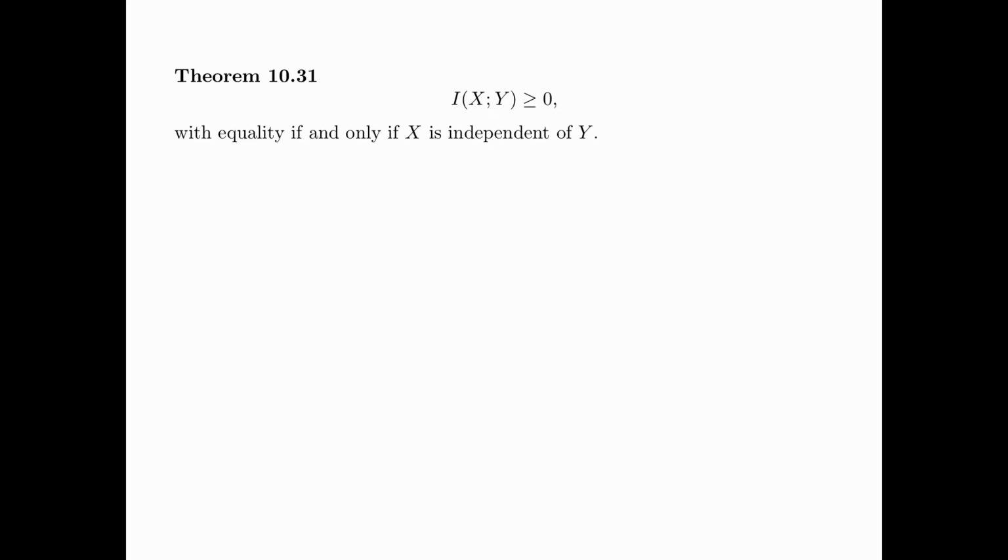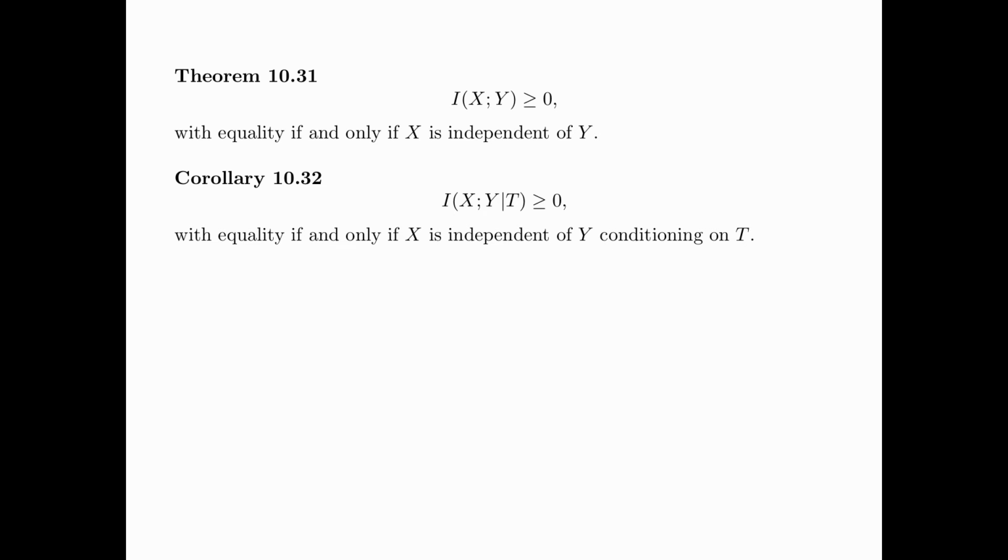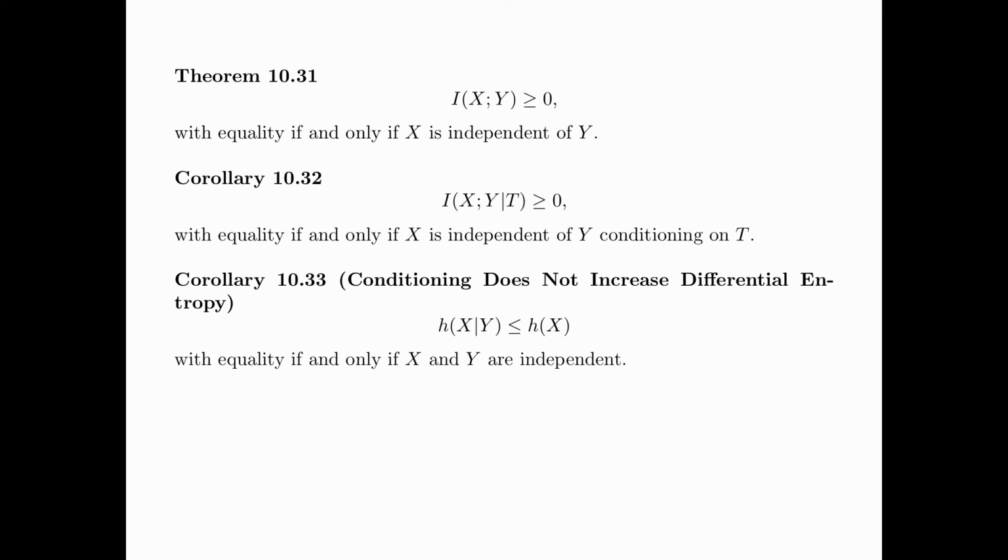Theorem 10.31 says that the mutual information between X and Y is always non-negative and is equal to 0 if and only if X is independent of Y. As a corollary, the mutual information between X and Y conditioning on T is greater than or equal to 0, with equality if and only if X is independent of Y conditioning on T. Another corollary says that conditioning does not increase differential entropy.